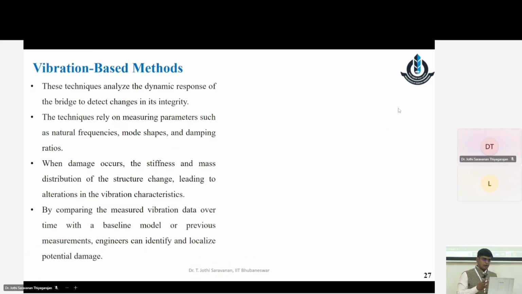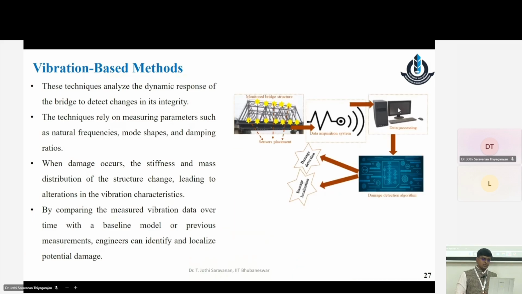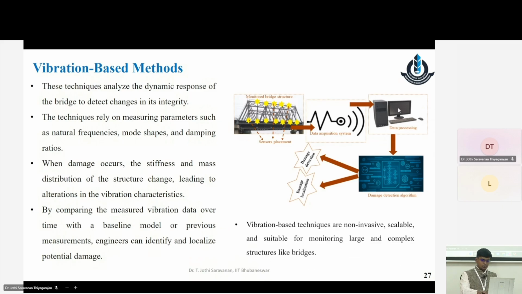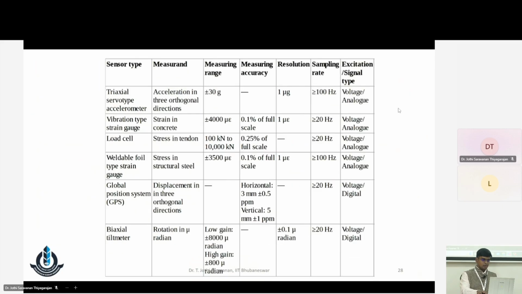Then comes the very important point, vibration-based methods. I think we are discussing this more, so no need to spend time on it. Let me skip. These are some of the types of sensors that can be used in the field. Along with this we are going to use drone-based systems.